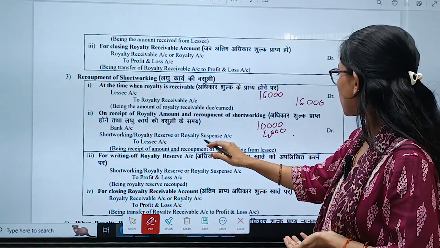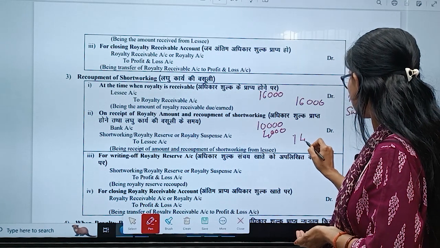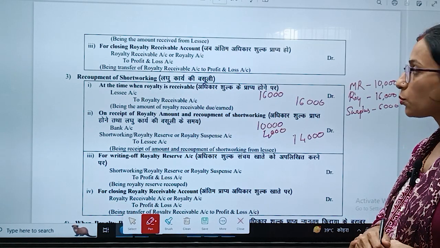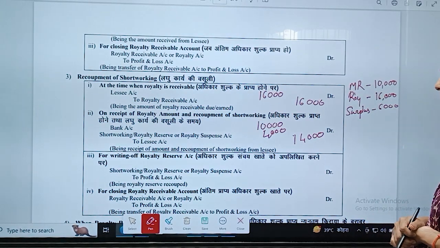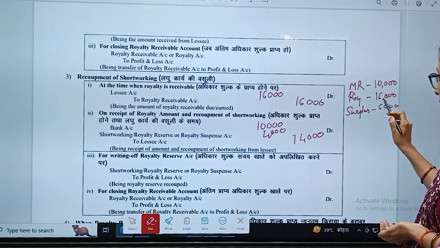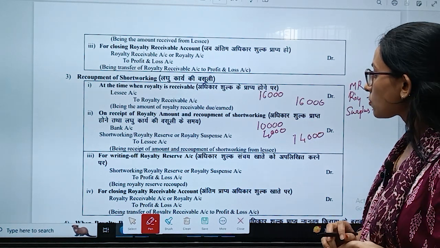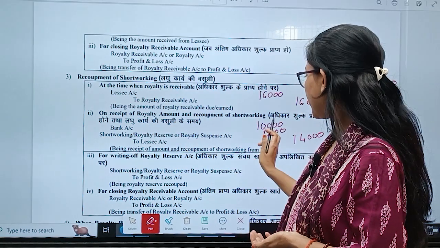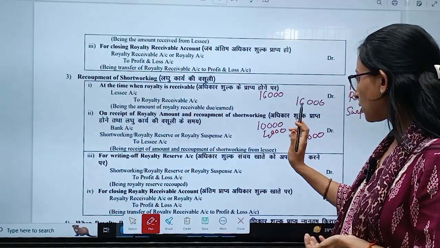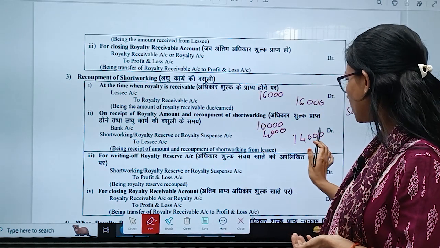Then to lessee account, that is 14,000 rupees. In the first case we had a short working of 4,000, that's why we have recovered only 4,000 rupees from the surplus. So the entry is bank 10,000, short working or royalty reserve account 4,000, to lessee account 14,000.